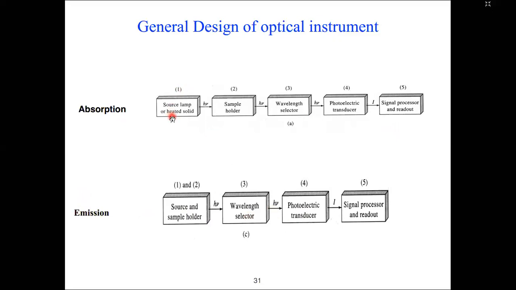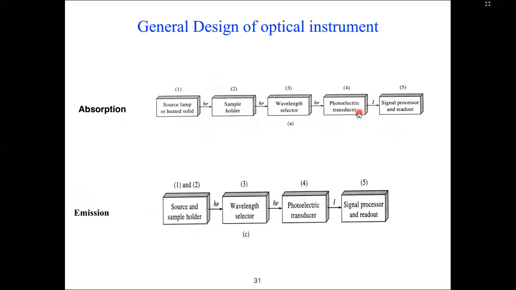Okay, so here you have the source. That source of energy goes into the sample. Then there is the interaction. Out of this interaction, you select only certain wavelength. Those certain wavelength goes into the detector.